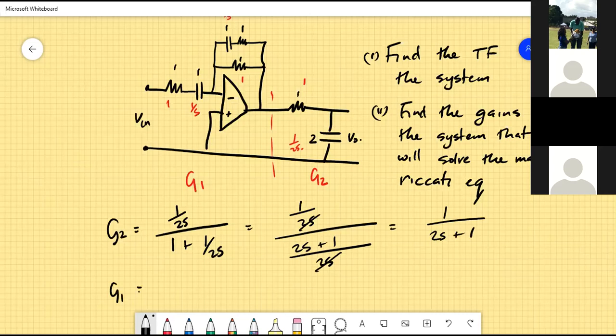G1 is equal to, so these two are in parallel. So it's 1 over s plus 1 in parallel with 1, divided by 1 plus 1 over s.